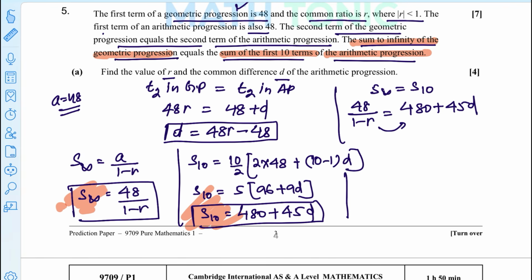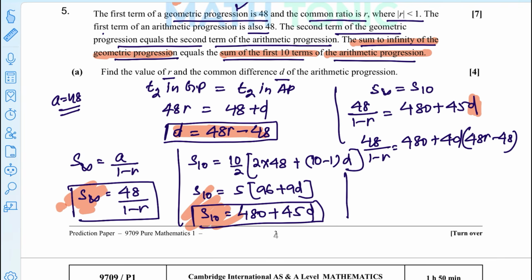Now rearrange it. We have to replace the value of d, so that we can find the value of r easily. This is the value of d. So 48 over 1 minus r equals 480 plus 45 times d, and we replace d by 48r minus 48.